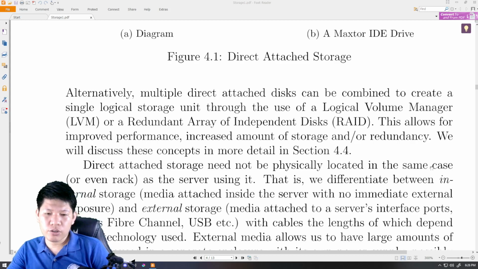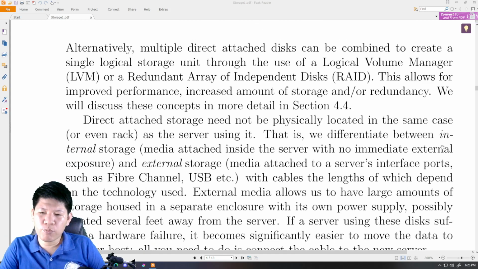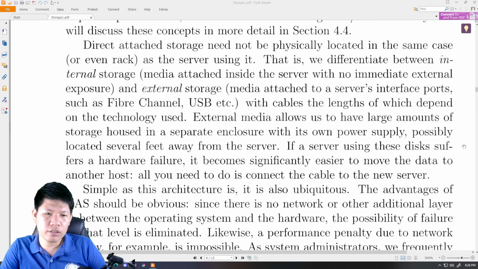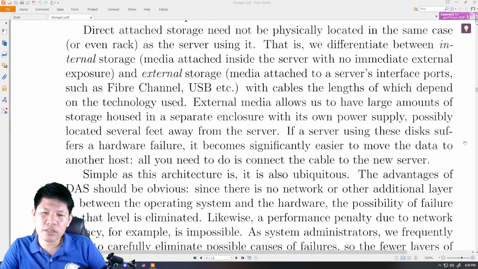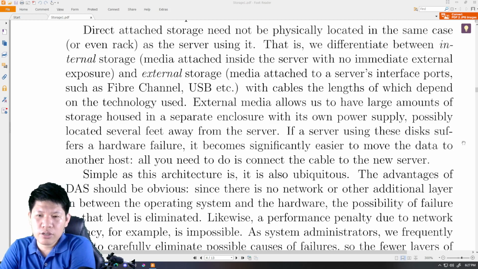With cables, the lengths of which depend on the technology used, external media allows us to have a large amount of storage housed in a separate enclosure with its own power supply. So even if the server is down, the hard drive will still work because it is not running on the same unit as your operating system. If a server using this disk suffers a hardware failure, it becomes significantly easier to move the data to another host.